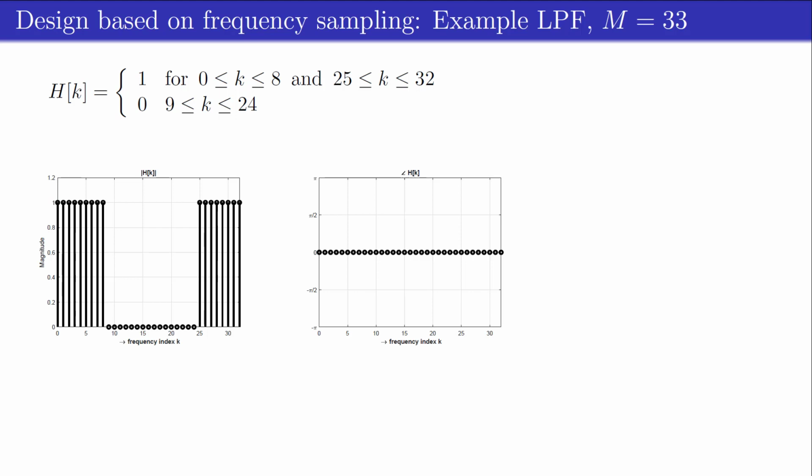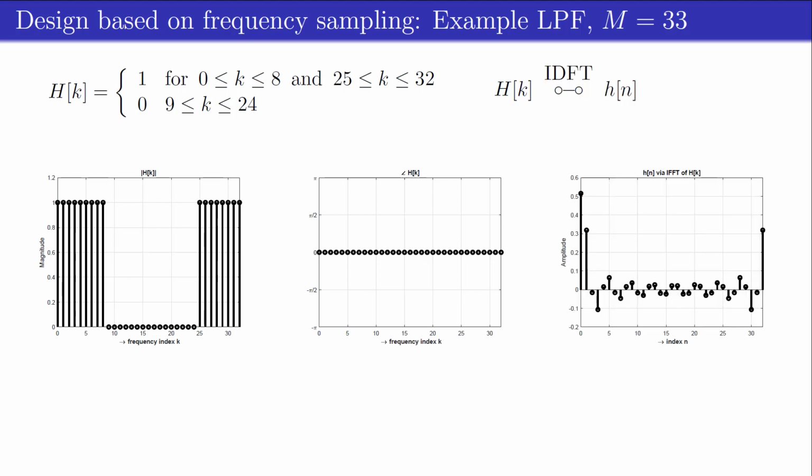Remember that the frequency indices k represent uniformly spaced frequencies between θ is 0 and θ is 2π. Thus, the cutoff frequency of the low-pass filter is in between the frequency index k is 8 and k is 9, which is approximately equal to θ is π over 2. By applying the 33-point inverse DFT, we obtain the M is 33 weights of the FIR impulse response h[n].